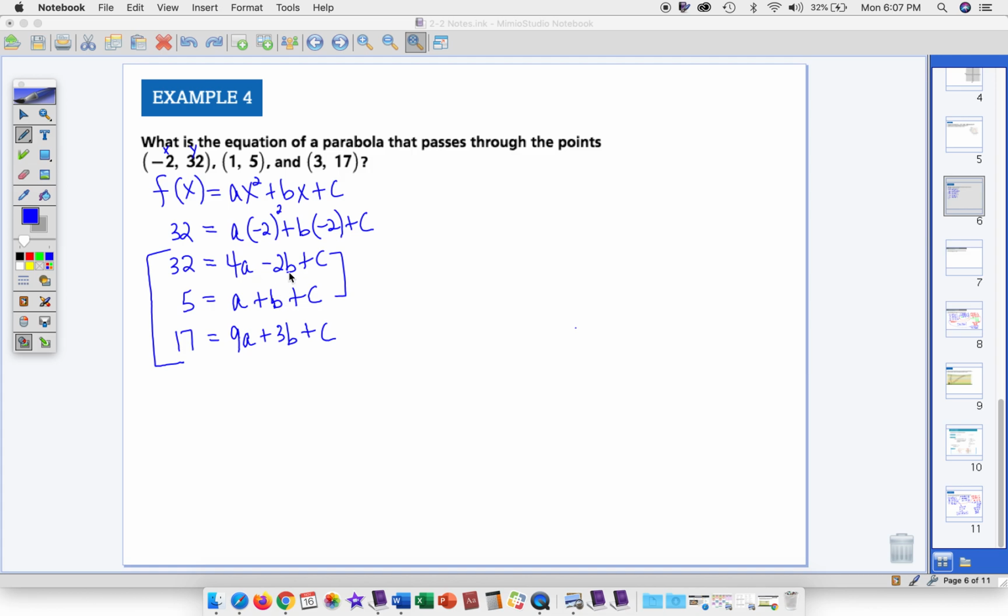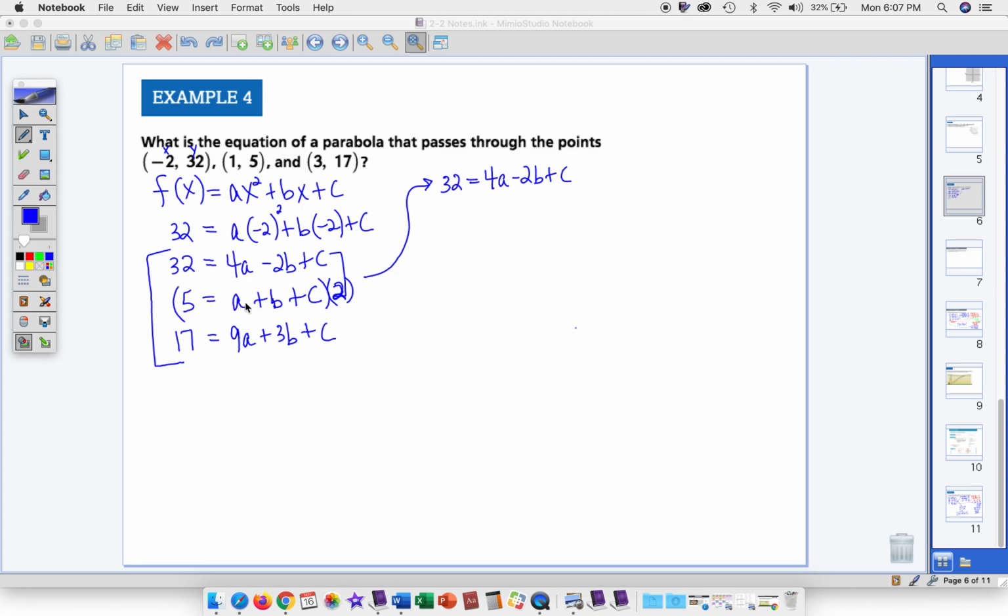Okay, so I'm going to continue over here. I'm going to rewrite this equation: 32 equals 4a minus 2b plus c. I'm going to take this second equation and multiply it by 2, so that the b's will drop out.